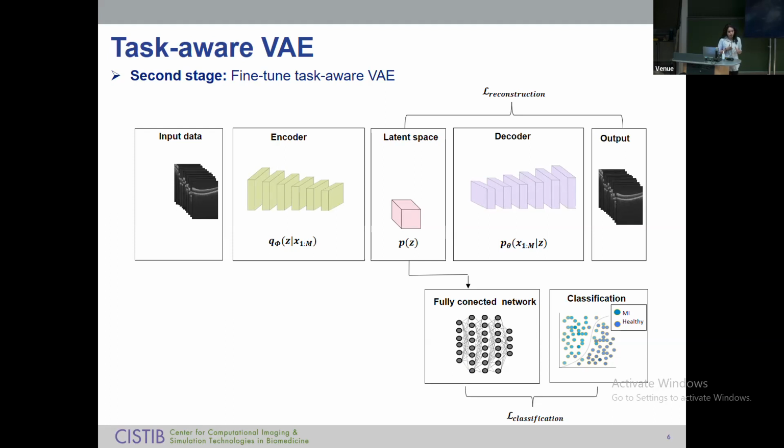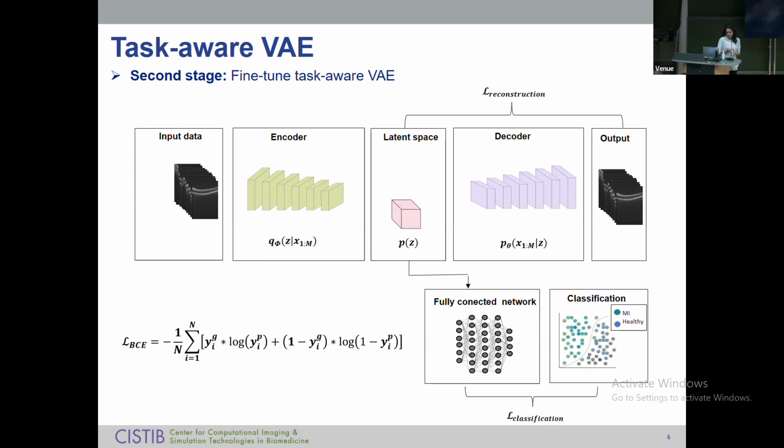The inputs to the framework are OCT B-scan images, which are used to learn a compressed latent representation of the high dimensional data, which in turn is used by the fully connected network to distinguish between healthy subjects and those likely to suffer MI in the future.